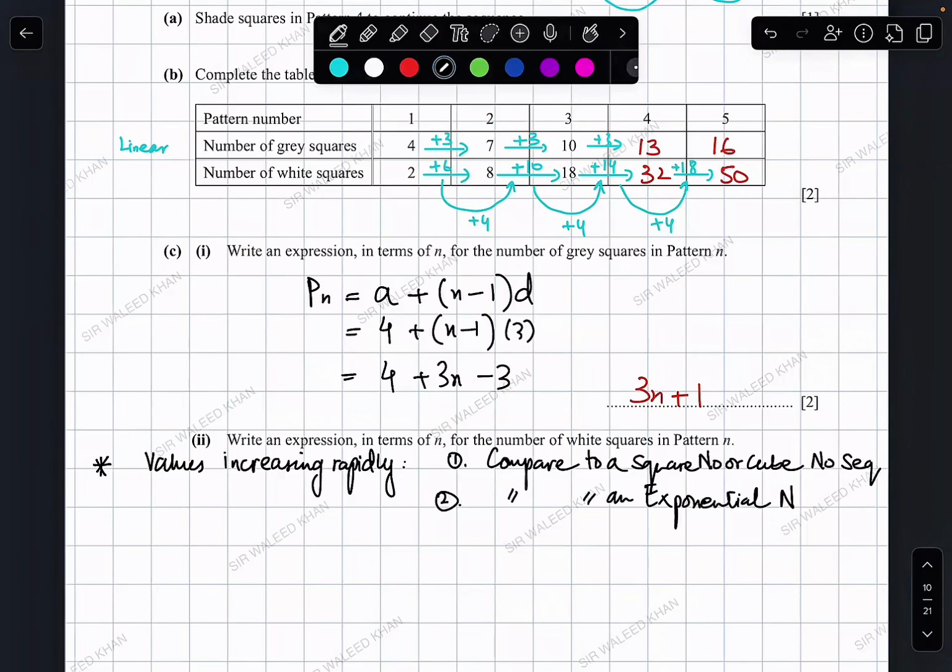For exponential number sequence, from one term to another term, there will be a common fixed number being multiplied. So 2 times 4, that is 8. 8 times 4 is 32. So we can see that there is no fixed number which is multiplied from term to term. So this cannot be an exponential sequence, right?